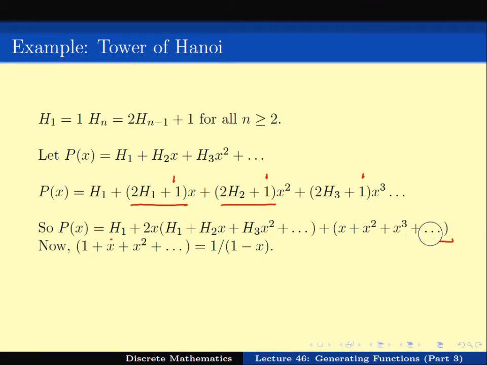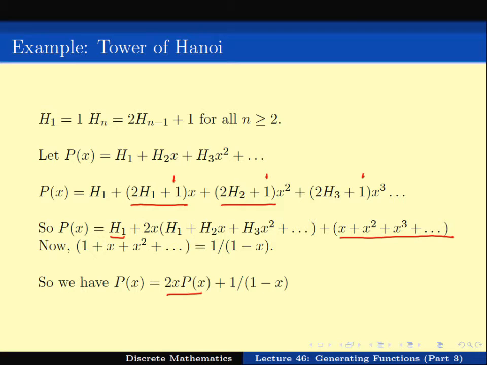Before I go on, note that x plus x squared plus x cubed and so on, is what we had done in the Taylor series: with h1 added, it is 1 by 1 minus x. So I get p of x equals twice x times p of x plus 1 by 1 minus x.